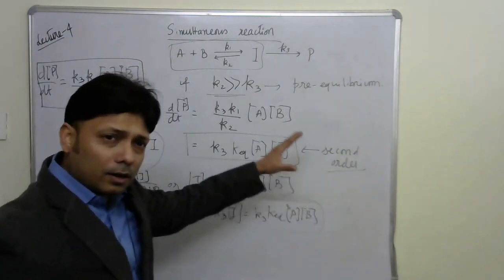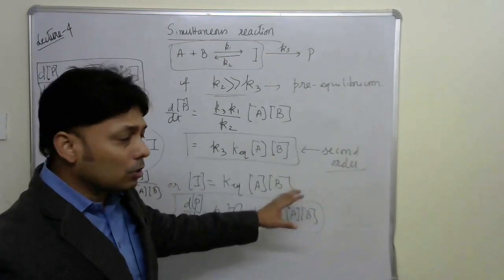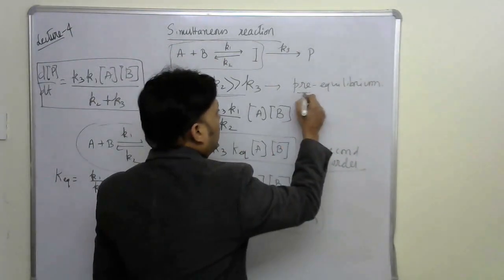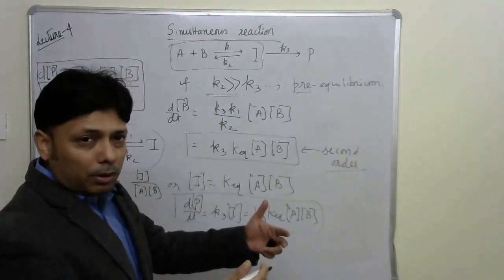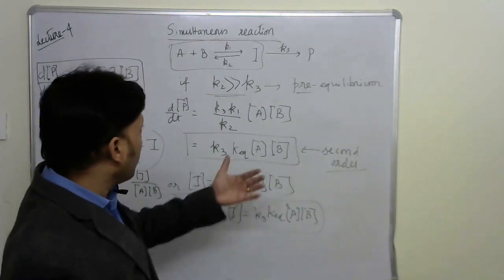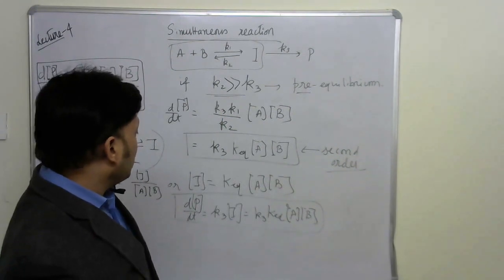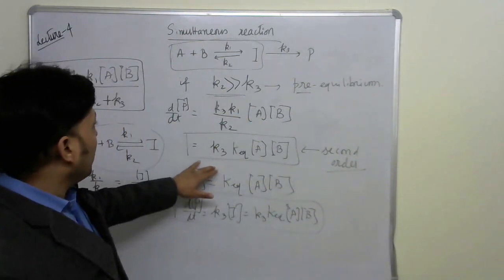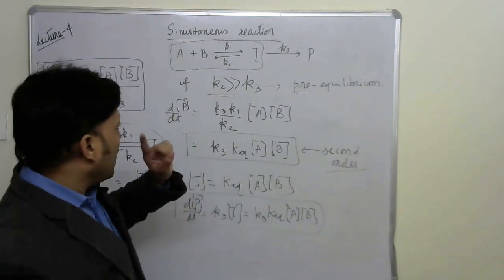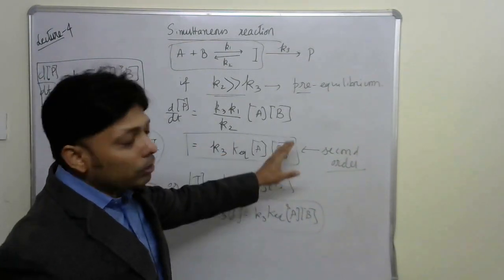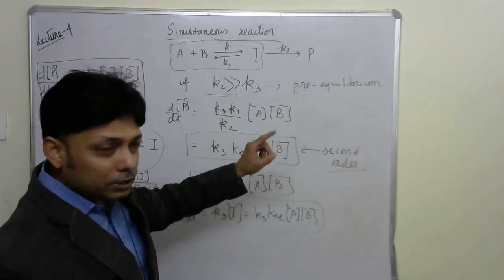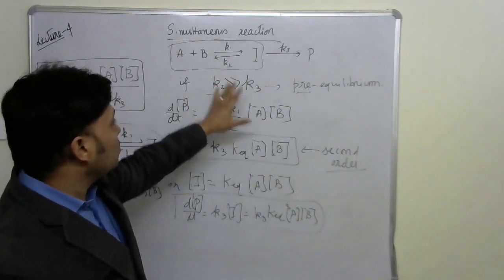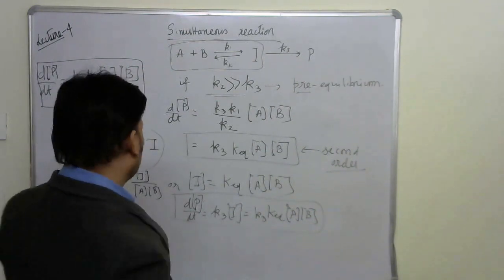Again, we are using an approximation, so this is not exactly constant. That's why the word is pre-equilibrium. That means it approaches the equilibrium, almost there but not there. So it's an approximation method, and it gives me that it follows second order kinetics. And this pre-equilibrium condition is only established when K3 is negligibly smaller than K2.